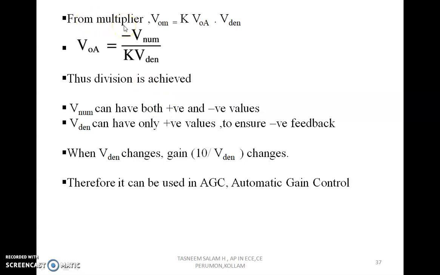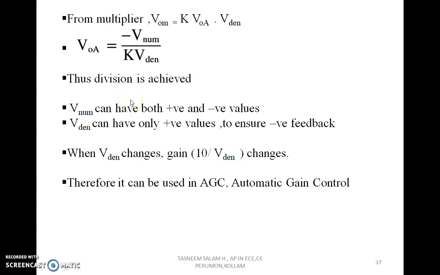From the multiplier, we know that VOM is equal to K into VOA into Vden. From this, we will get VOA is equal to VOM divided by K into Vden. And VOM, we have already got as minus Vnum. So we have achieved the division, that is Vnum by Vden into minus 1 by K.